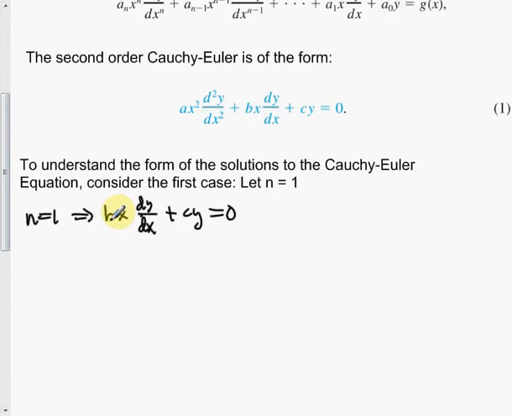I'm going to let this b and c, since we're talking about b and c, let's just talk about a and b, if you will. So that is ax dy over dx plus by is equal to 0.